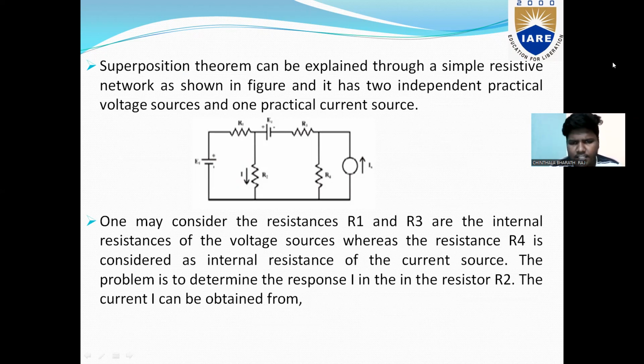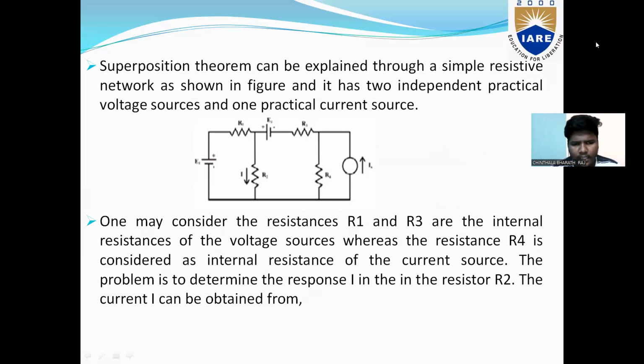One may consider R1 and R3 as the internal resistors of the voltage sources, while R4 is considered the internal resistance of the current source. The problem is to determine the response current in the resistor R2.